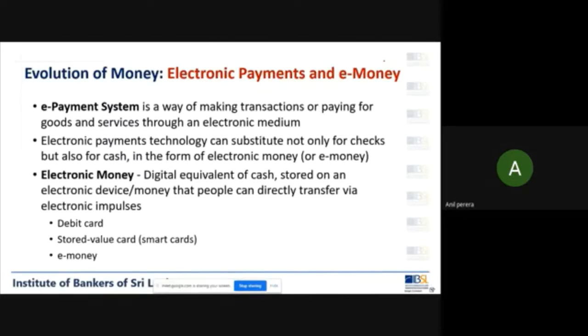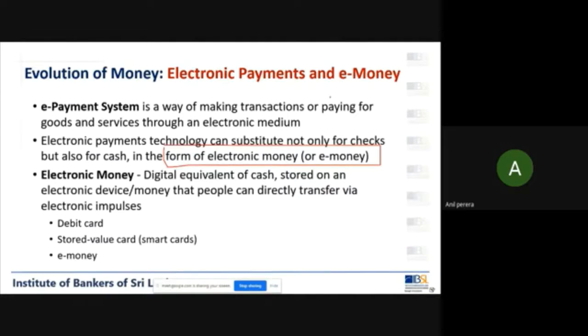This electronic medium can substitute paying through checks, substitute paying through cash. So without carrying cash, coins and notes, or without issuing a check, you can use a form of electronic transaction which we call electronic money.